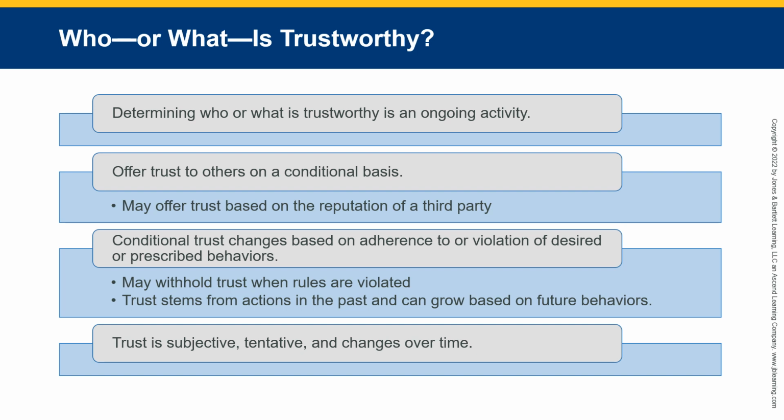So then we have to determine who or what is trustworthy. We have to determine if we're going to trust others on a conditional basis or maybe a permanent basis. We may offer trust based on the reputation of that third party. For instance, in that certificate association, the CA, certificate authority rather, is our top level thing.